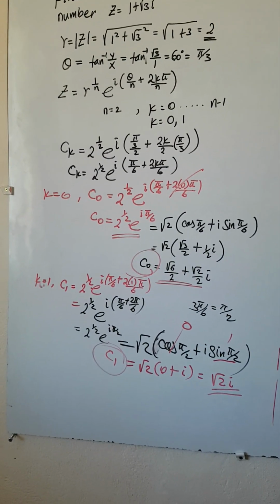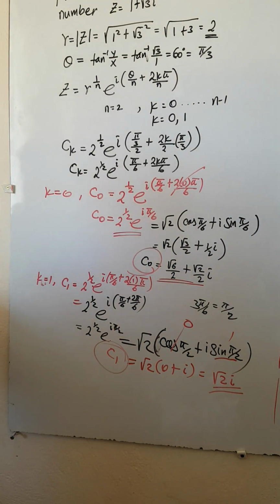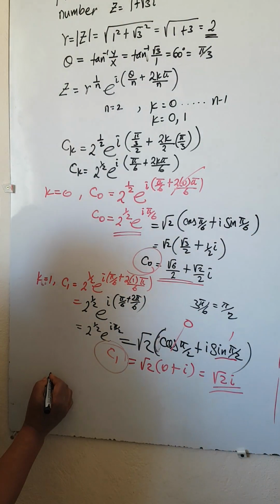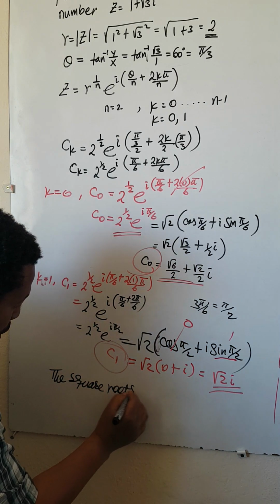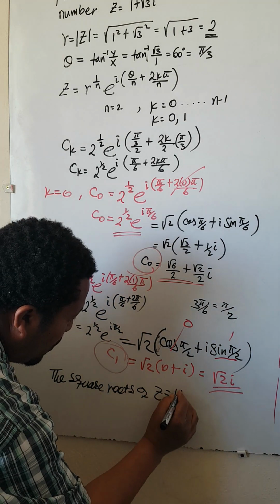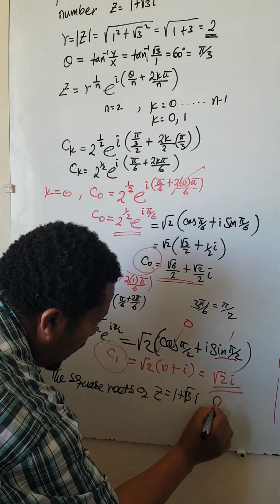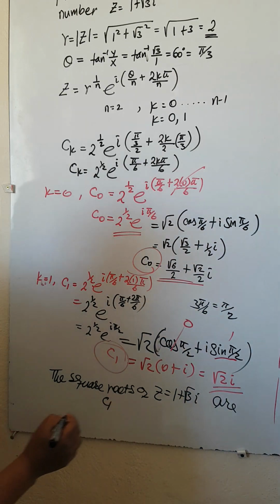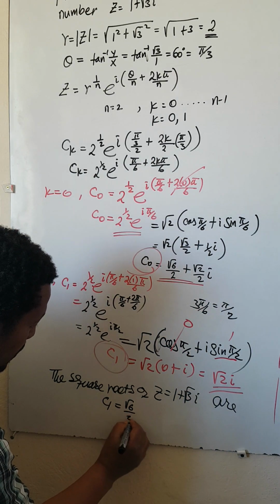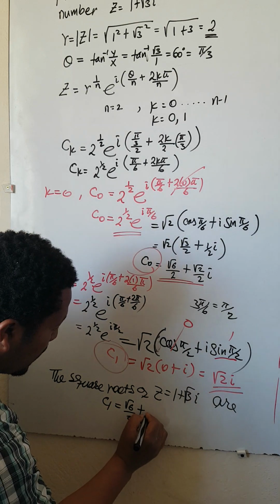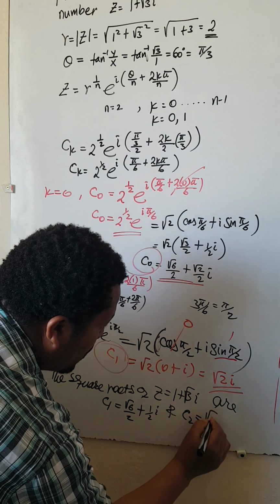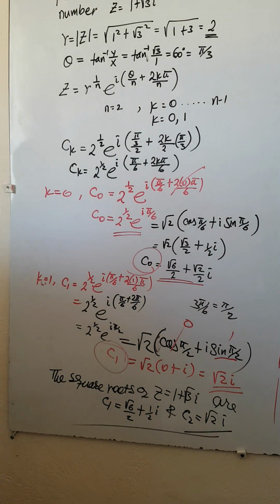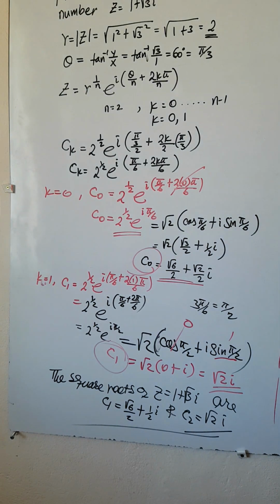The square roots of the complex number z, which is equal to 1 plus square root of 3 i, are c0, which is equal to square root of 6 divided by 2 plus 1 over 2 i, and the other is c1, which is equal to square root of 2 i. These are the roots of the complex number.